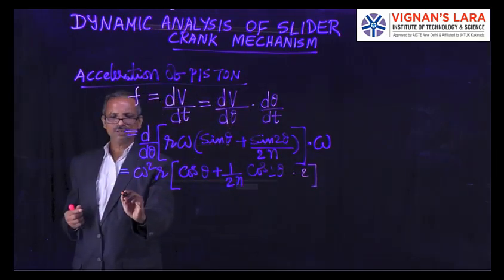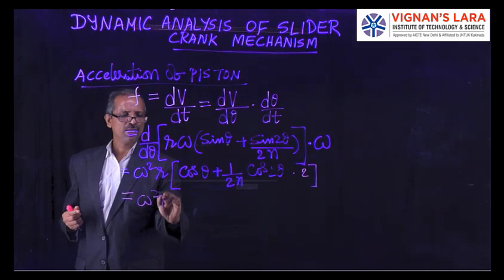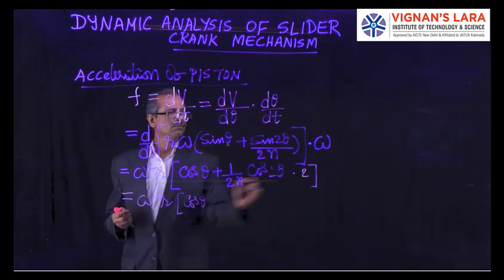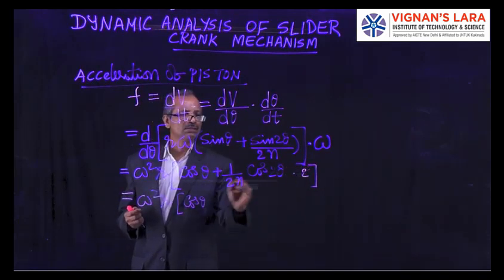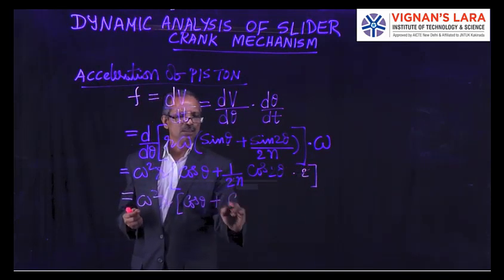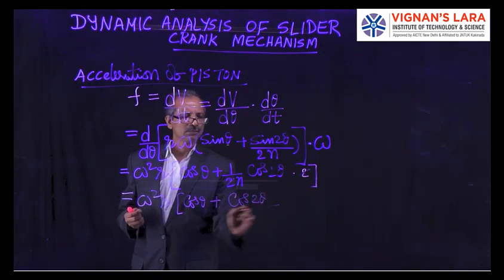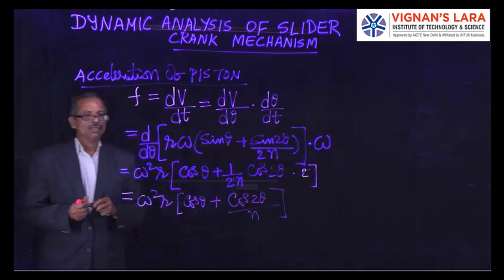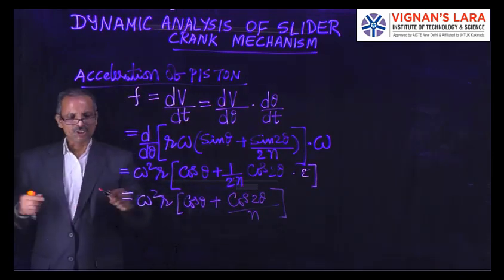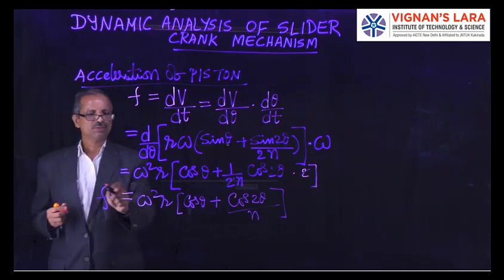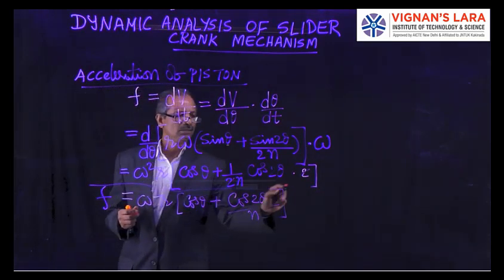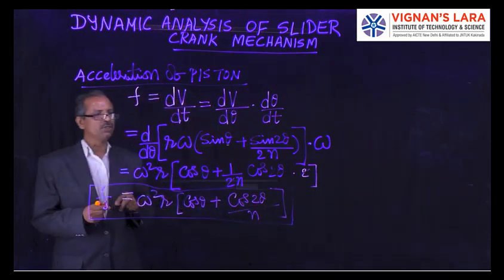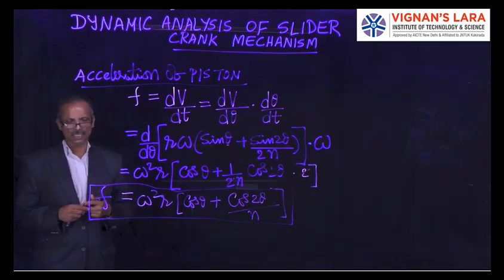Then it becomes omega square r, cos theta, the 2 gets cancelled, this is cos 2 theta by n. So you can see the acceleration F is omega square r into cos theta plus cos 2 theta by n.